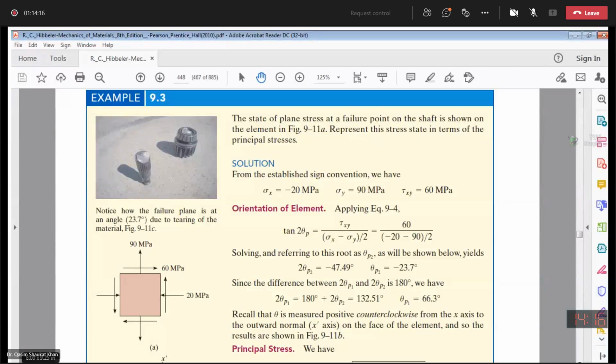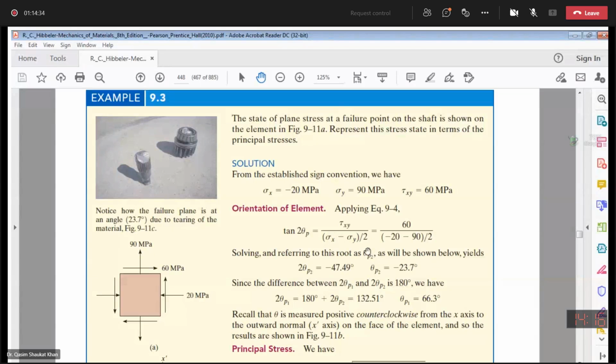Guys, what's the value of theta p? Minus 23.74 degrees. Good.